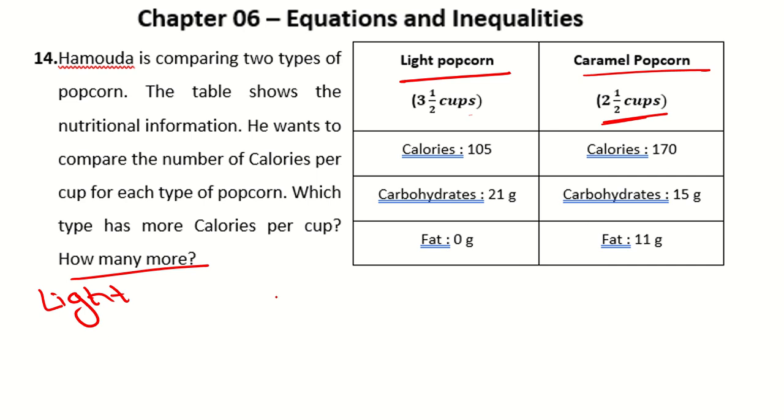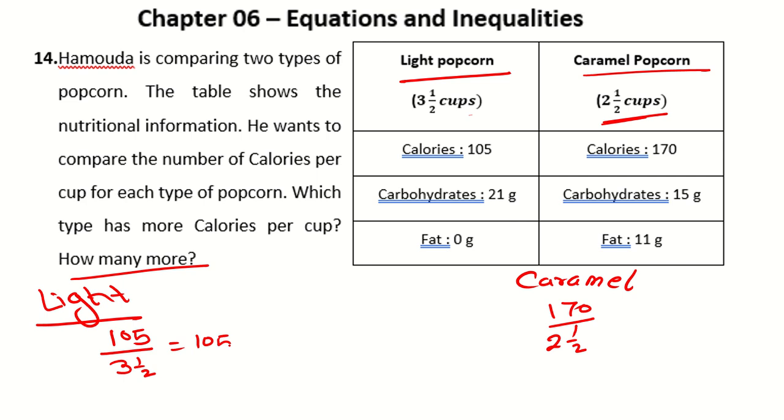So for light popcorn, for 1 cup, you will have to divide it. So it will be 105 over 3.5, and here for caramel it will be 170 over 2.5, means it will be 105 times 2 over 7, and here it will be 170 times 2 over 5.